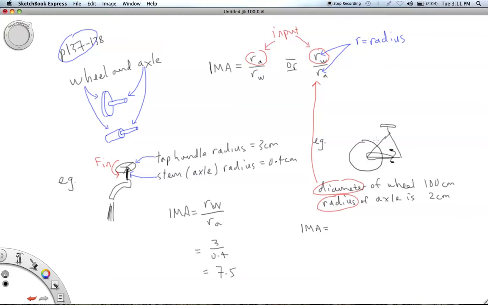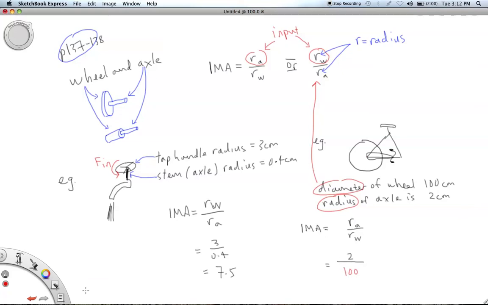So what is doing the input? Is the turning wheel making the pedals go? No, that doesn't make sense. It's actually the pedals that turn the axle, and the axle turns the wheel. So in this case, I want to use the other version of my formula because the axle is the input. So what I'm going to have here is 2 divided by. Now, you might be tempted to put in 100 and say, oh, well, that's the wheel.